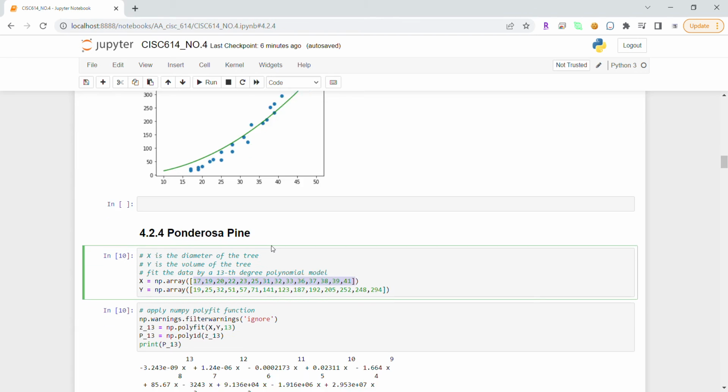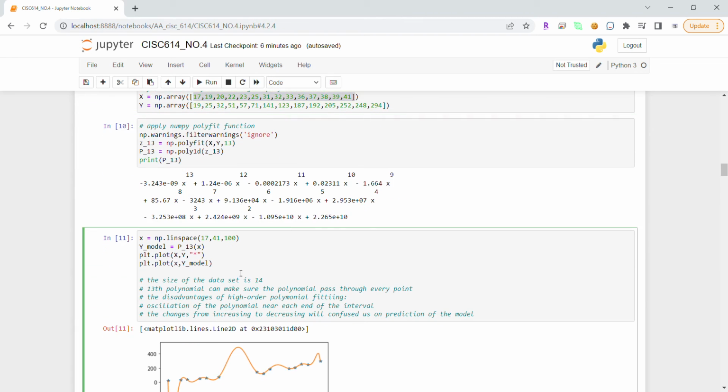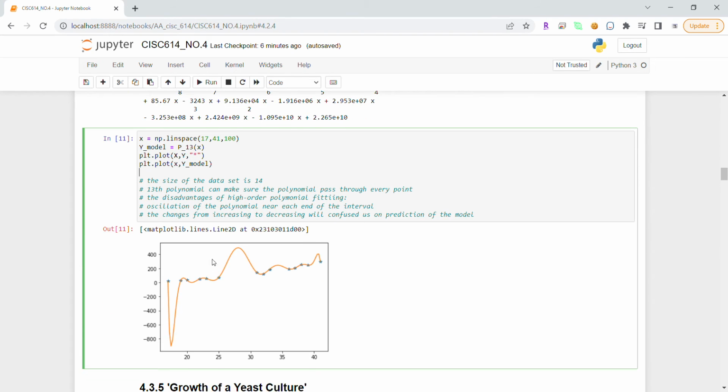So we can say the 13th degree polynomial will pass through every point in the data set, and we can also see that the disadvantage of high order polynomial fitting is obvious.